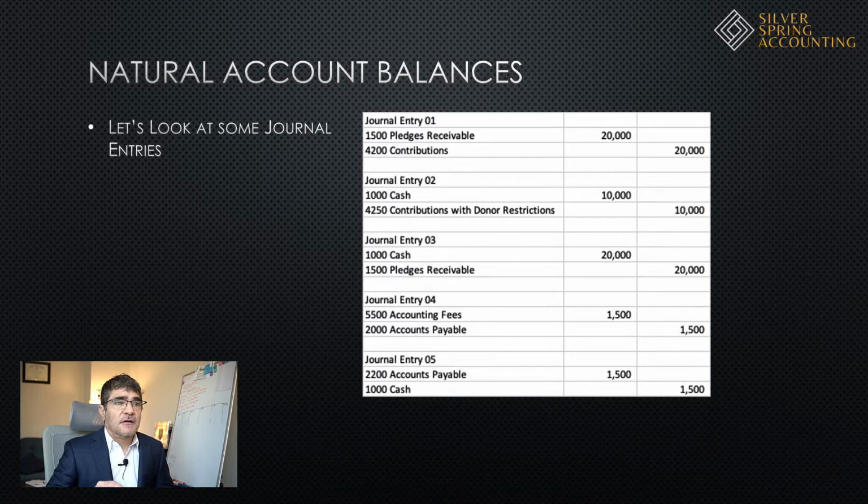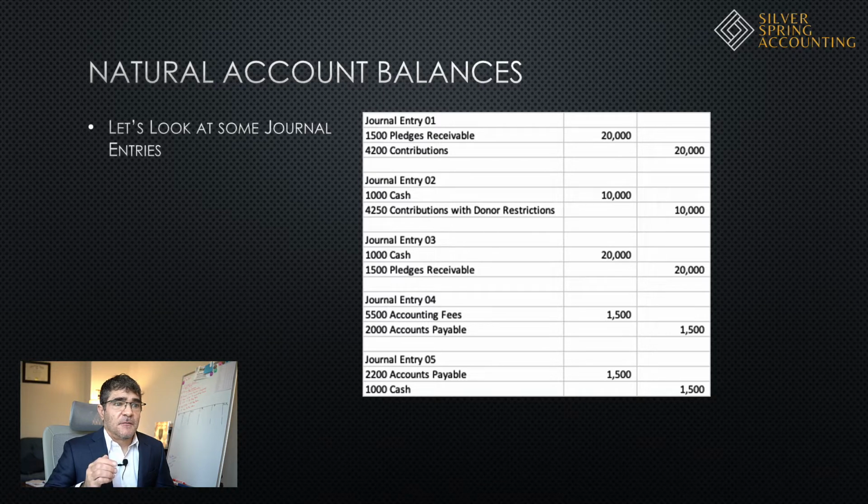Now, one thing I want to point out on this next journal entry is something that I often see people get wrong. When I was an auditor, I would see this oftentimes with bookkeepers that were very unfamiliar with nonprofits, and they had just a few clients that were nonprofits, which is why I suggest getting a bookkeeper that actually has experience with nonprofits, not just a random bookkeeper.